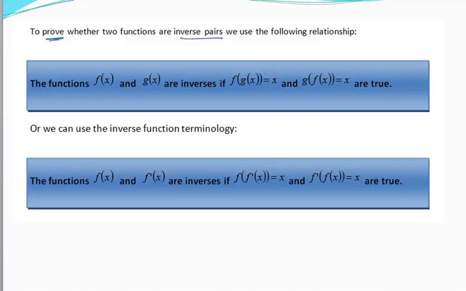Or using inverse function notation, if the function of the inverse function is equal to x and the inverse function of the function is equal to x, then it is true.